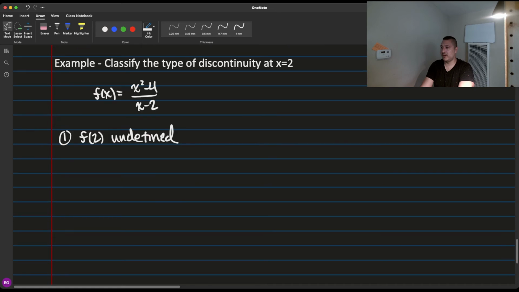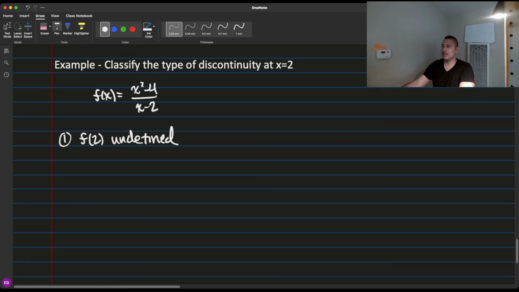So let's go and figure out, well, does the limit exist? So let's look at the limit as x approaches 2 of x squared minus 4 over x minus 2. You look at this and you're like, oh, okay, this should remind you of the factor and cancel method and agreeing except at a point.